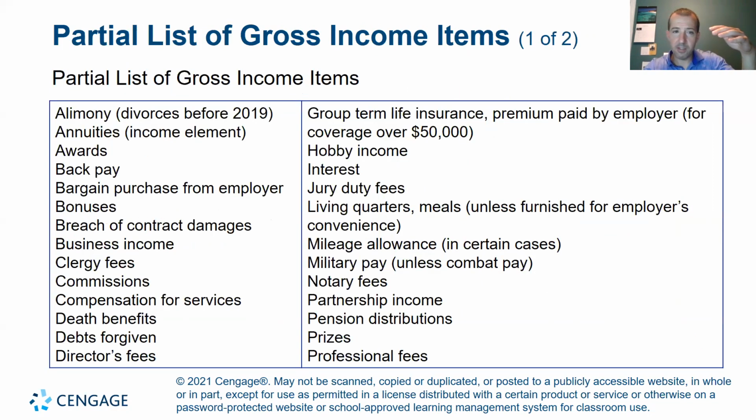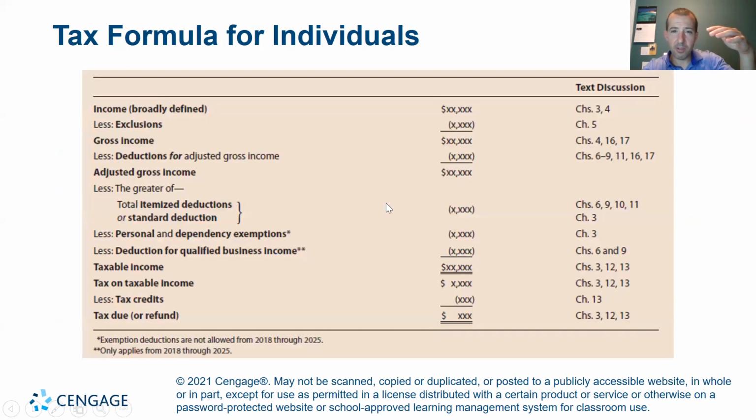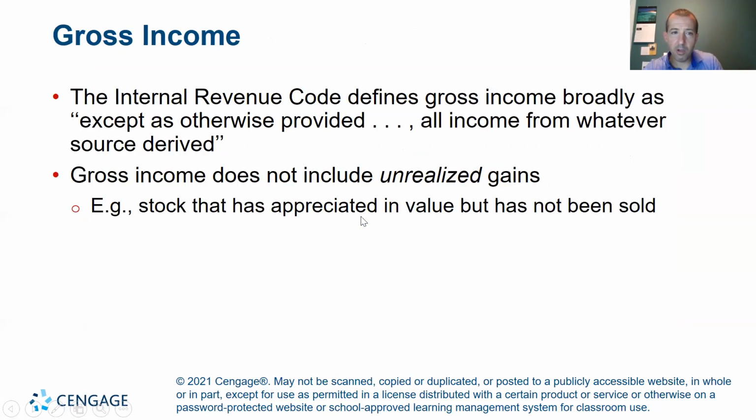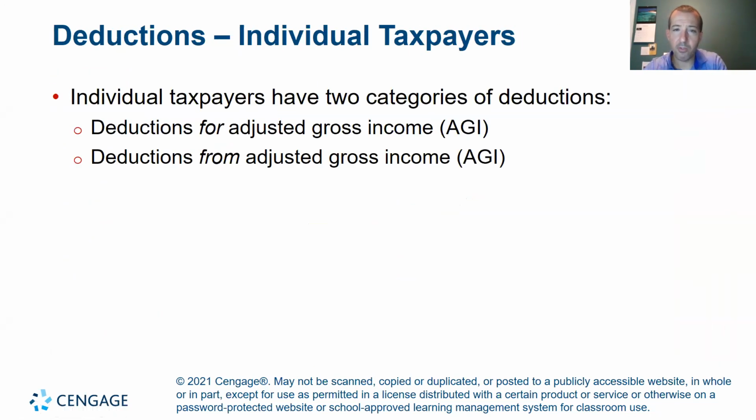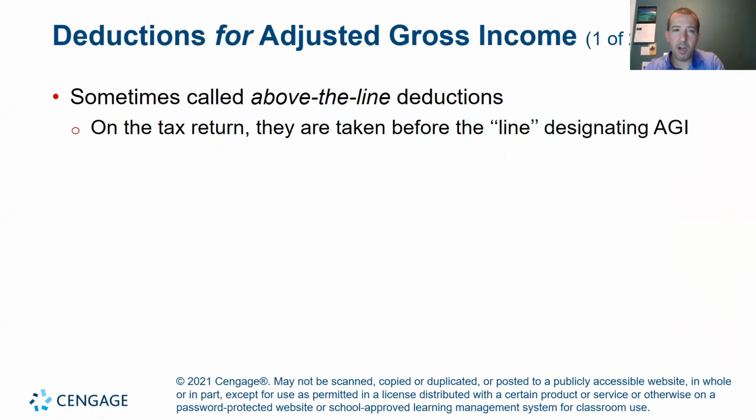These are the deductions that we see up above, and then down below we have our deductions from adjusted gross income. Before I mentioned the top line, bottom line. The deductions for adjusted gross income, which we talk about more in chapter 5, are deductions that happen above the top line. And these deductions get us to the actual adjusted gross income.